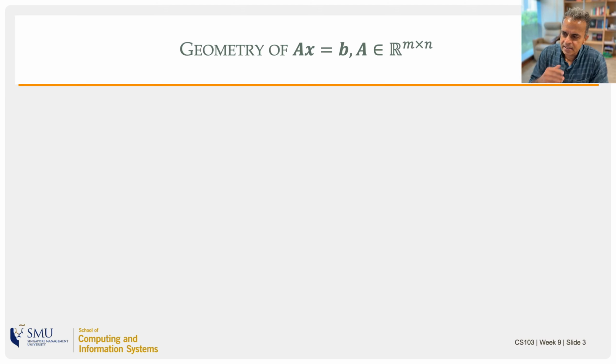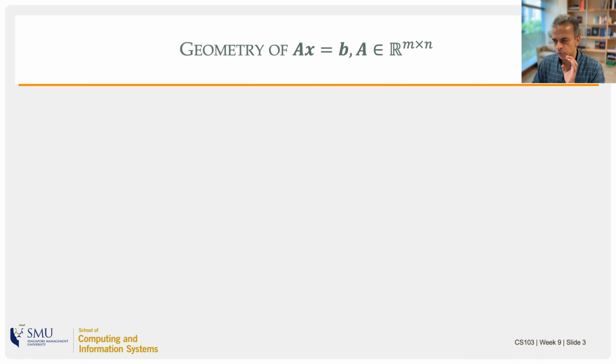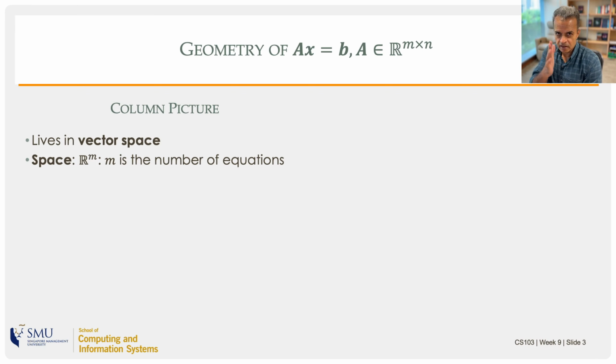First of all, let's take a look at what we meant by the column picture and the geometry of Ax equal to b, our system of linear equations. So in the column picture, which lives in the vector space, so to speak, we have the dimension of the output space, that is in Ax equal to b. If you think of x as the input, b is the output, and b lives in Rm.